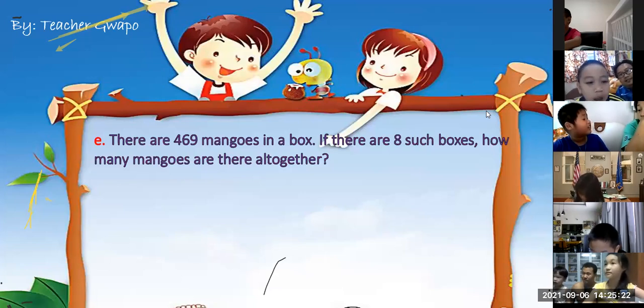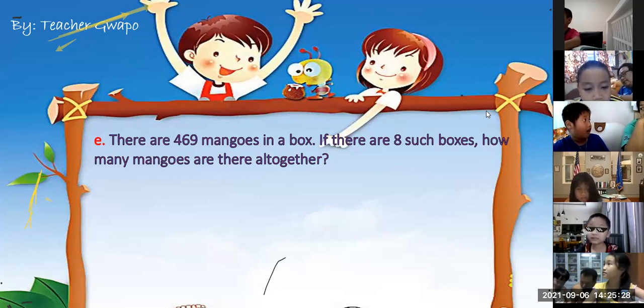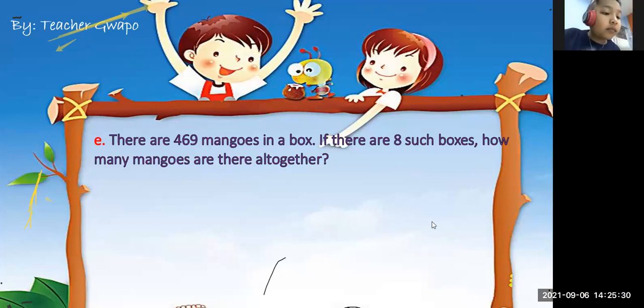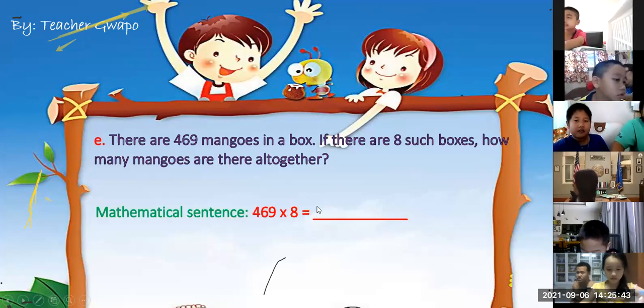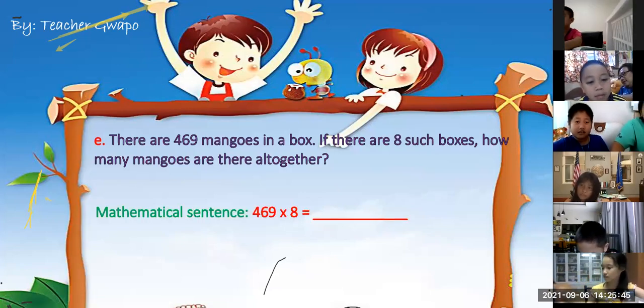If one box has 469 mangoes, how many mangoes will there be in 8 boxes? Now there are 8 such boxes. So you have to write the mathematical sentence, which is 469 times 8.